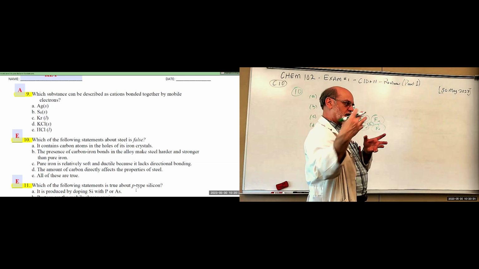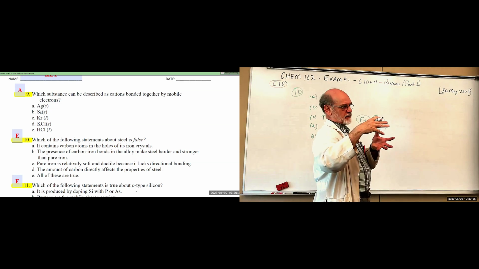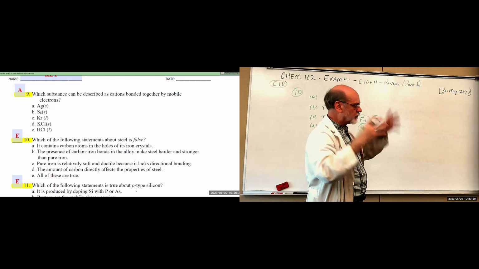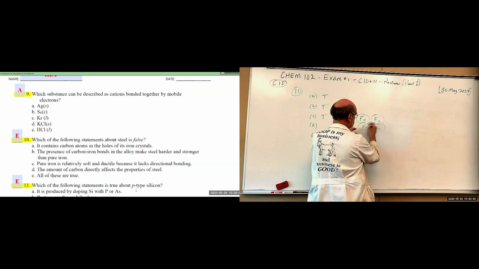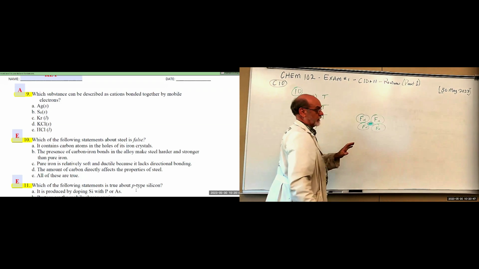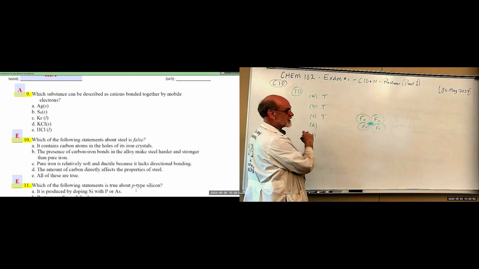Well, there's another iron over here attracted to it too, so there's a mutual support. But that electron is gone, so it has to find something else. So it's bonding in every direction possible. And if we just eliminate that carbon and we just push on it like that, they slide right past one another. It's non-directional bonding. So C is true.